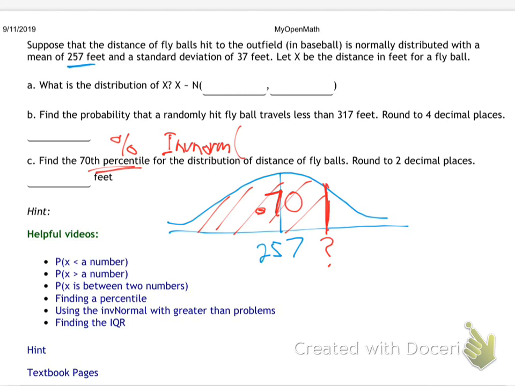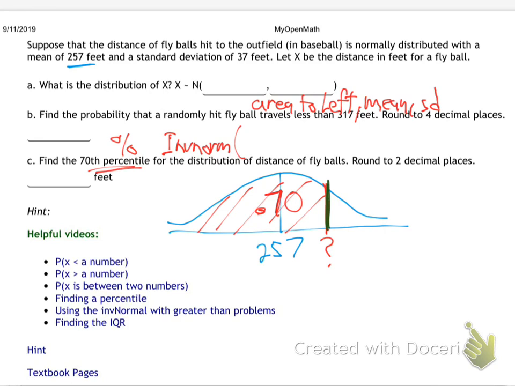What do we put in here first? Area to the left, and then mean, comma, standard deviation. So what's the area to the left of this spot? Do I need to do 1 minus, or is 0.70 just straight out the area to the left?